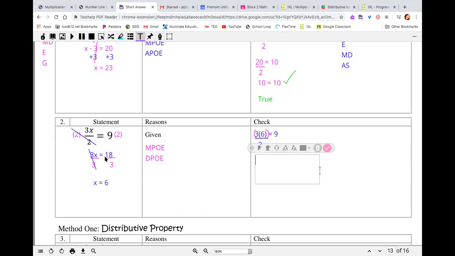And we just did 18 divided by 3 is 6. So 6 times 3 is 18. 18 equals 9. And now to 2.